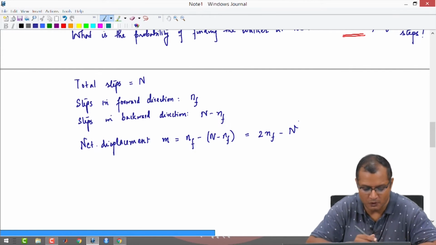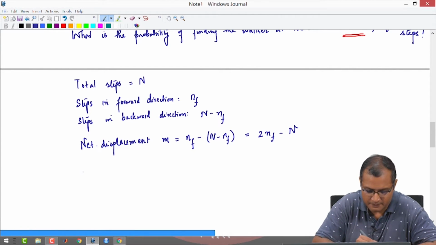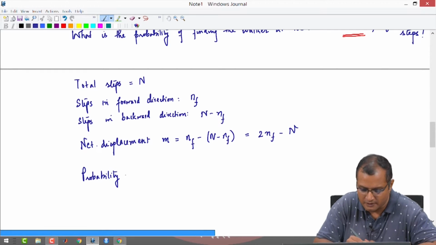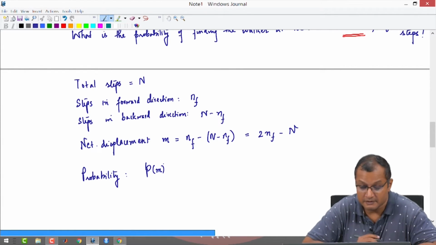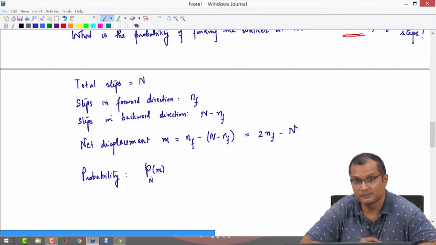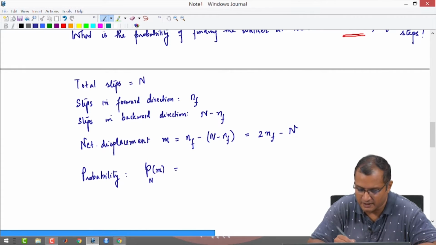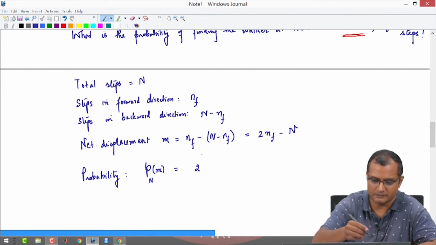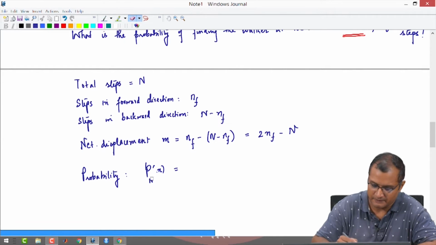Fine. So, what is being asked is basically the probability that the walker is at the location m after N steps.